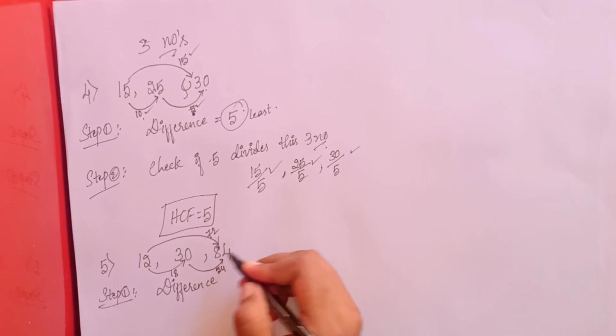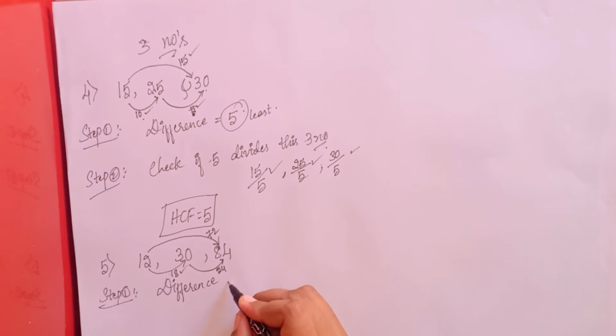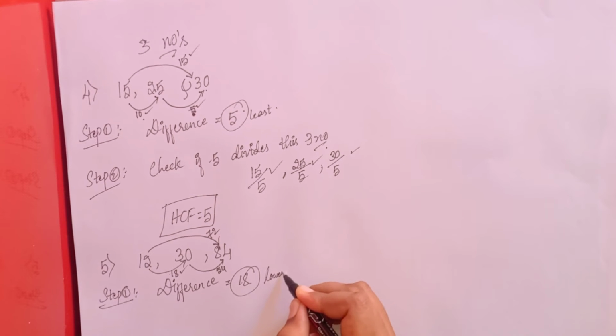So in these 3, which is the lowest one? 18 is the lowest one, so I'll take that.